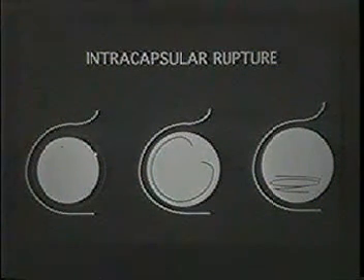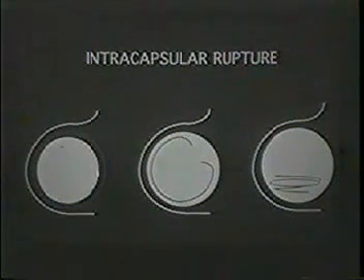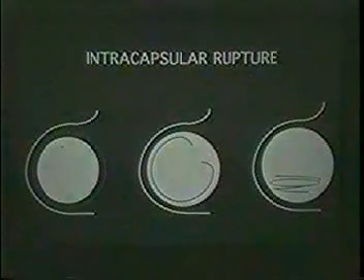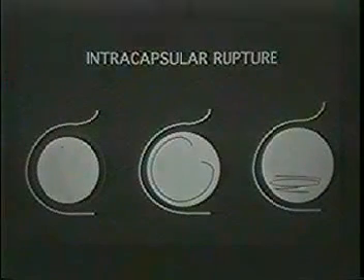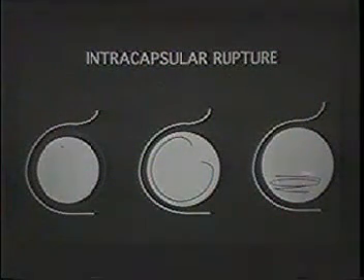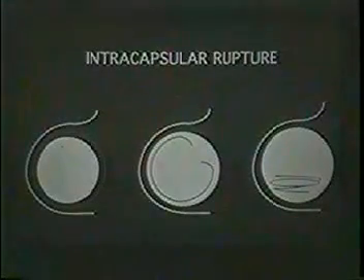This black line on the periphery of the white silicone gel is the implant shell. If the implant shell ruptures, but the fibrous capsule is intact, the silicone will be retained within the fibrous capsule, and the membrane will begin to collapse, forming this spiral-like structure, which is different chemical composition than the rest of the silicone, and it will show up on an ultrasound examination or on a magnetic resonance imaging exam.